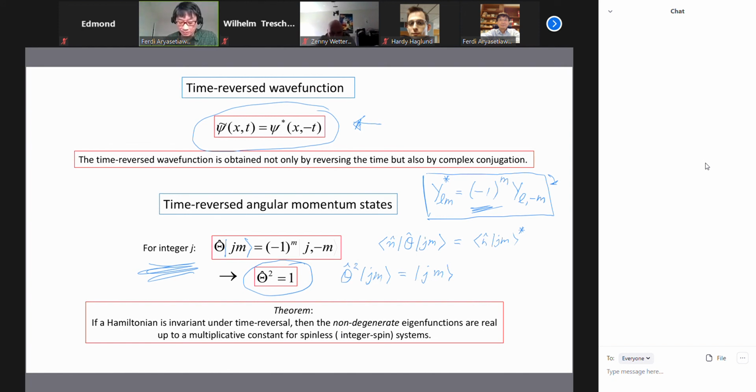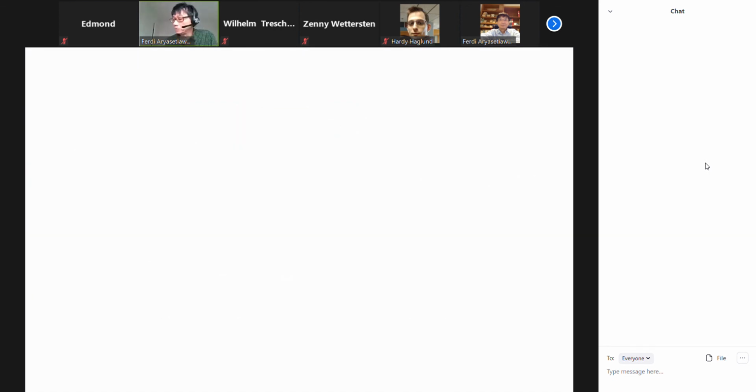There is a corresponding theorem associated with the time reversal operator, similar to the one we have for the inversion: if we have a Hamiltonian which is invariant under time reversal, then we can show that the non-degenerate eigenfunctions must be real up to some multiplicative constant, for spinless or integer spin systems. So how do we show this?